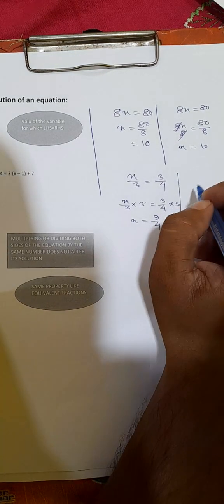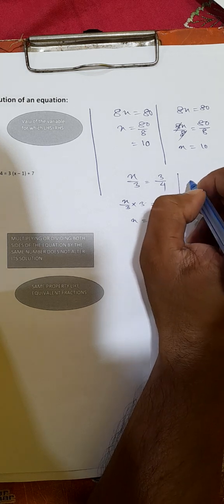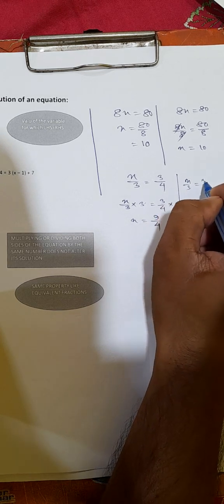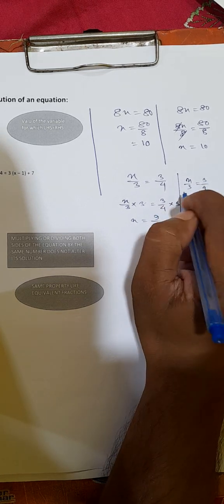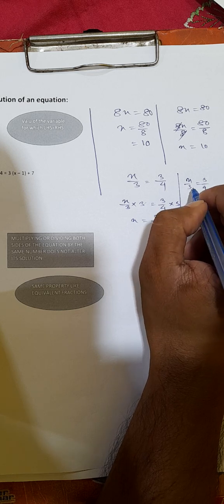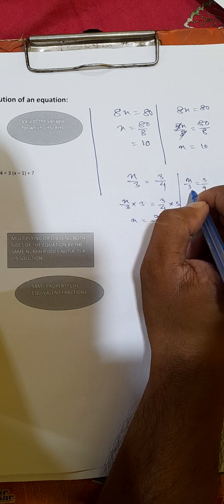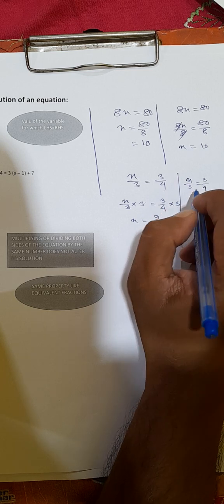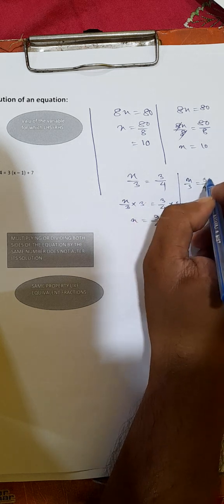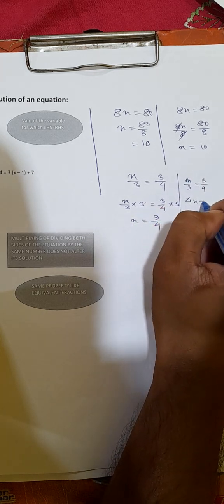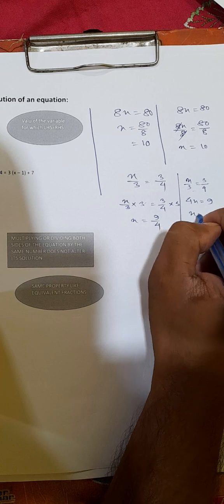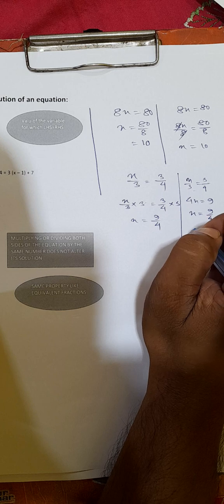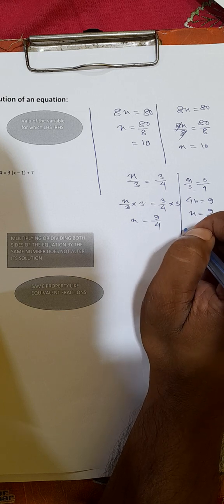Now instead of multiplying both sides, we will try to solve this equation another way. x by 3 equals 3 by 4. Now how will you eliminate this 3 from the left hand side? Let's do cross multiplication. 4x equals 3 threes are 9, x equals 9 by 4.